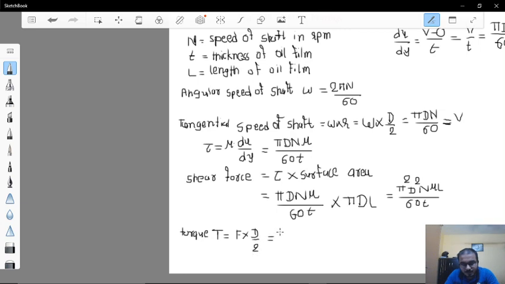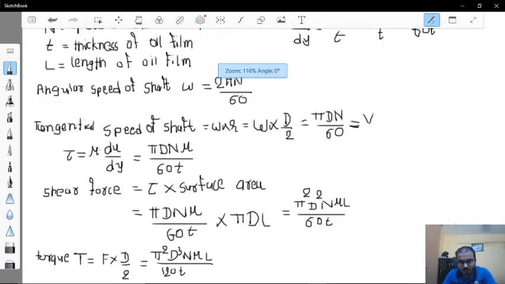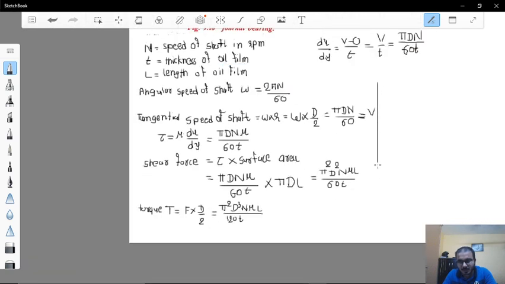So this will be equal to pi square d cube N mu L divided by 120 t, and we can write down the power also, where power P is equal to 2 pi N T upon 60.